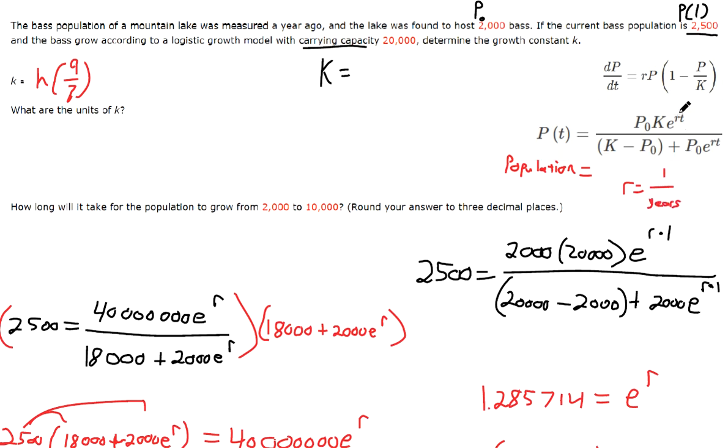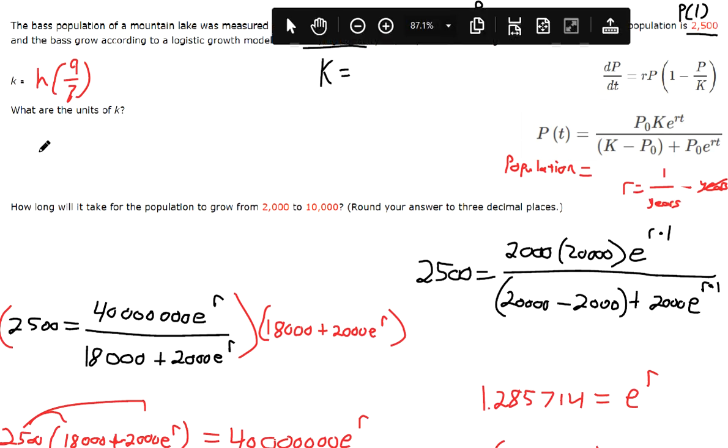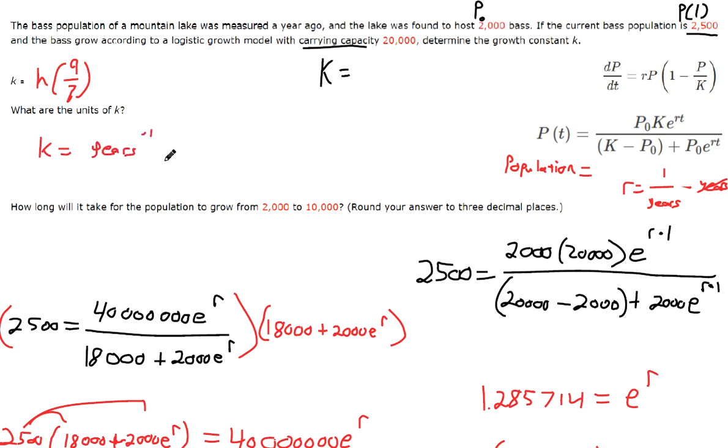That way, when you multiply something in units of 1 over years times years, which is what our t variable is in, they cross cancel. And now we don't have years in our final answer. So the final answer here for K is 1 over years, or years to the negative first power.